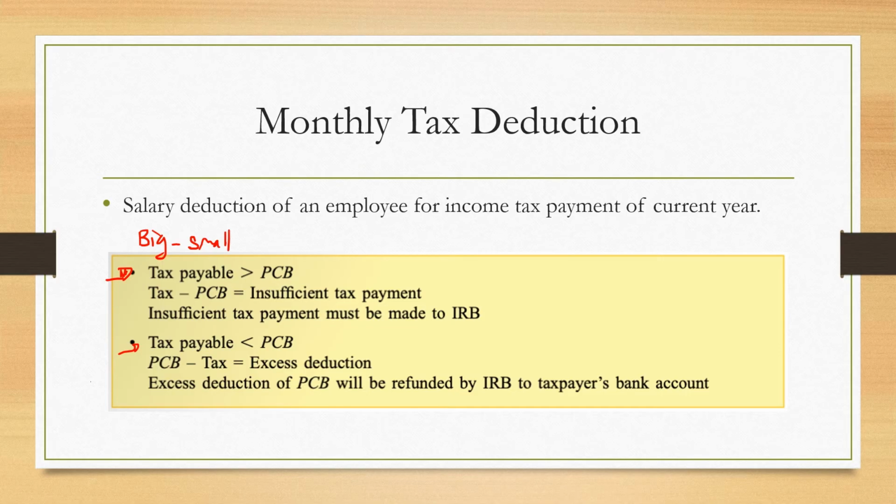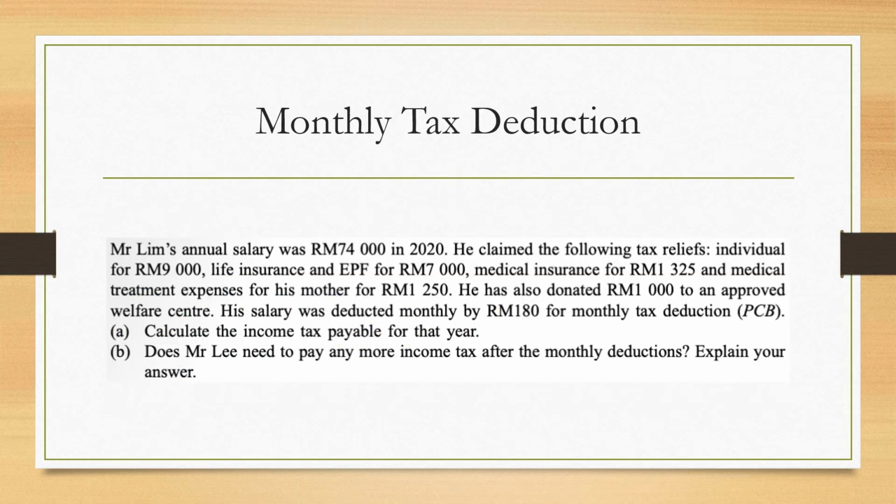Alright, so monthly tax deduction for this question, right? We have an annual salary of 25/21 in 2020. Alright, 2020 tax relief of individual 9,000 ringgit, life insurance EPF 7,000 ringgit, medical insurance for 1,325 ringgit, medical treatment expenses 12,350.